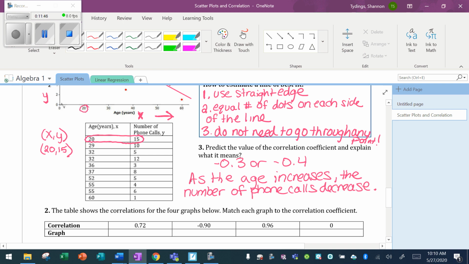And then we'd say that there is a weak or moderate correlation between age and calls.